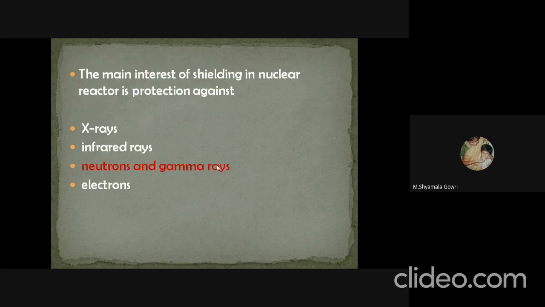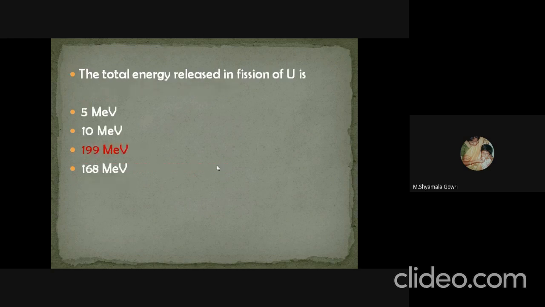The main interest of shielding in a nuclear reactor is protection against neutrons and gamma rays. The total energy released in fission of uranium is 199 MeV.